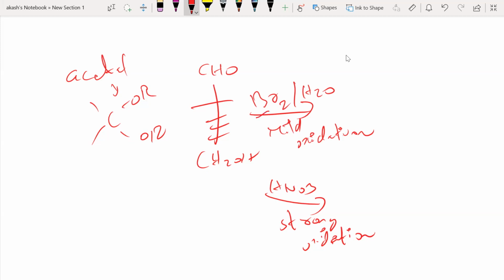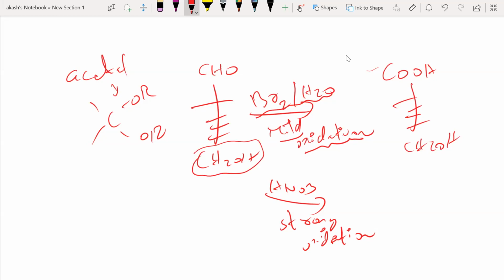Even though you may not know that bromine water is a mild oxidizing agent, now I have told you that it is. So it will oxidize the CHO to COOH, and the CH2OH remains. Since it is a mild oxidizing agent, it will not be able to touch the CH2OH.